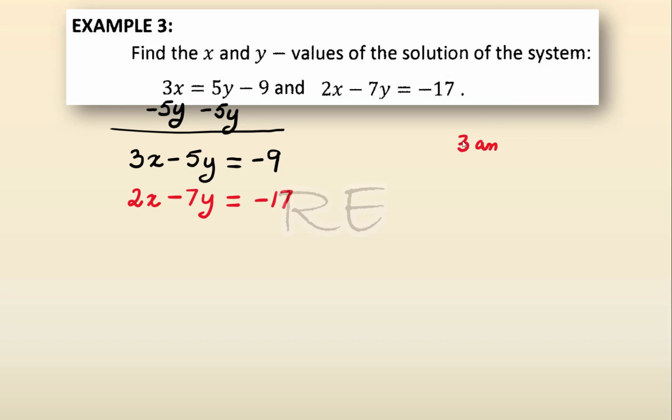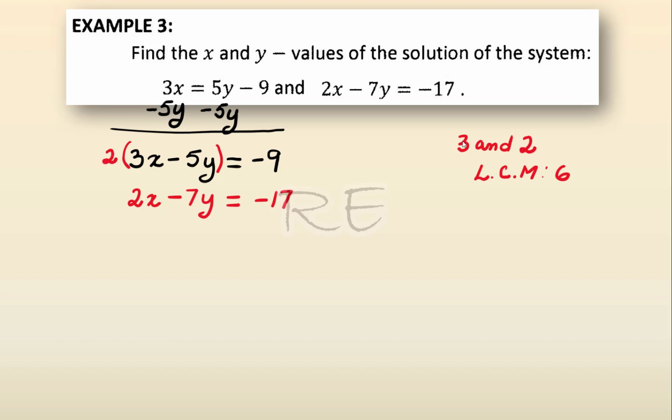We're going to take a closer look at 3 and 2. And the LCM between 3 and 2 is 6. We multiply 3 by 2. Now we need opposite signs so that the x term will cancel.